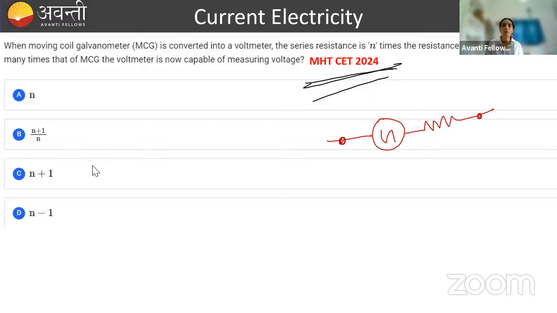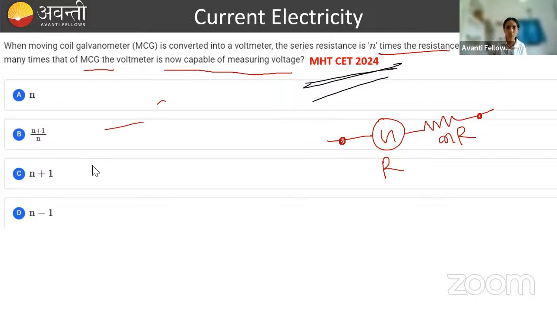The function of a voltmeter is to measure voltage, and we connect it in parallel to measure the voltage, right? Now the series resistance is n times the resistance of the galvanometer. Let's say its resistance is R, then the series resistance is NR. How many times is the voltmeter now capable of measuring voltage?